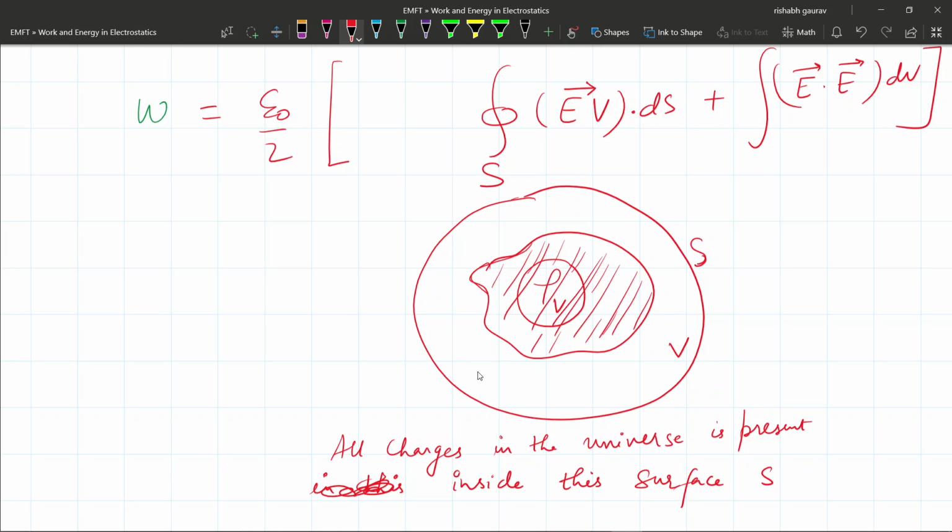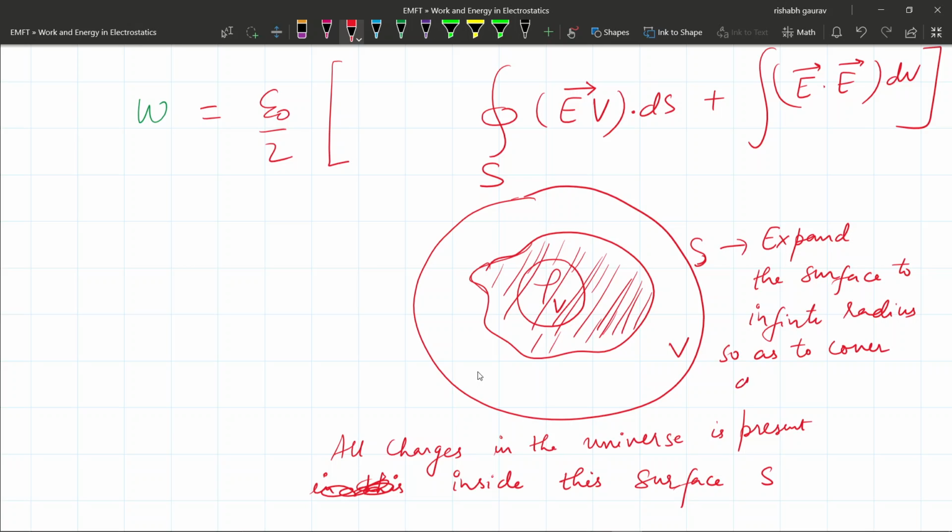Now since all the charges are present inside the surface, we can expand the surface S to infinite radius so as to cover all space.